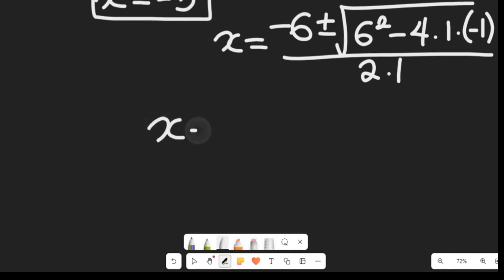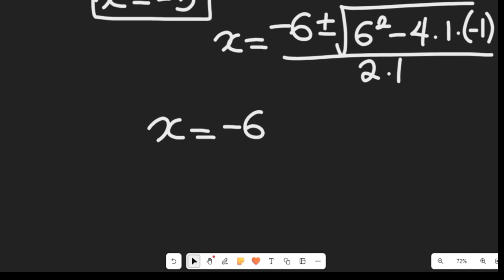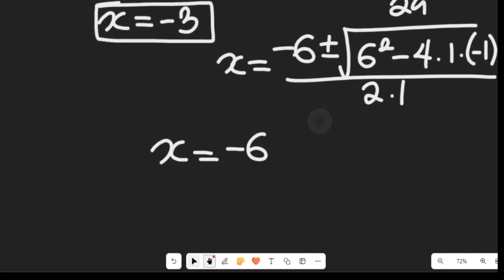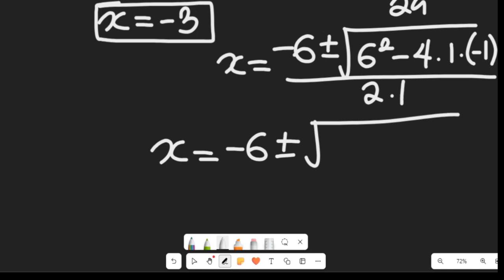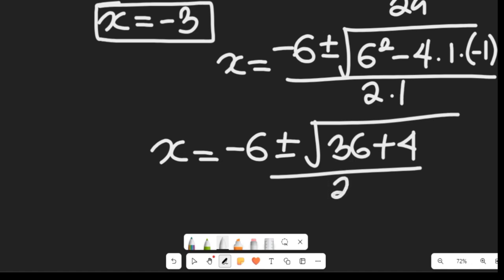The value of our x will be equal to negative 6, right? That was the value of our b. Negative 6 plus or minus the square root of, we have that to become 36, minus minus will give us plus 4, divided by 2.